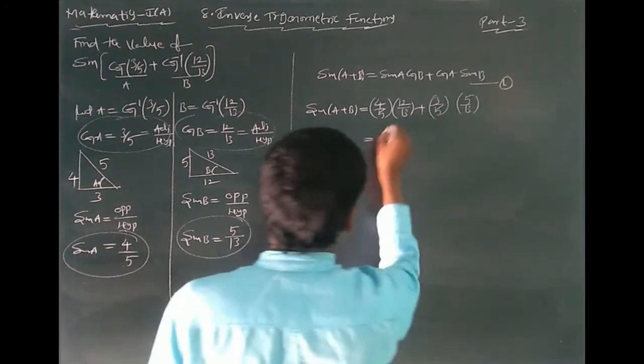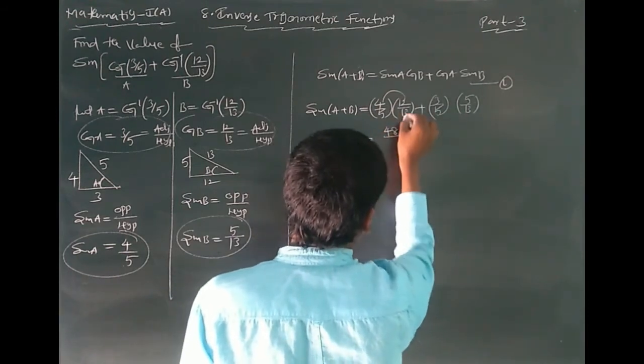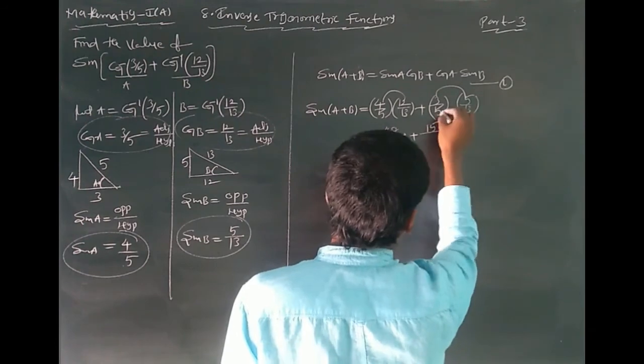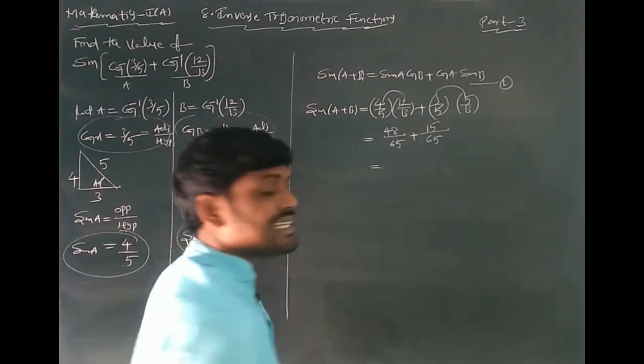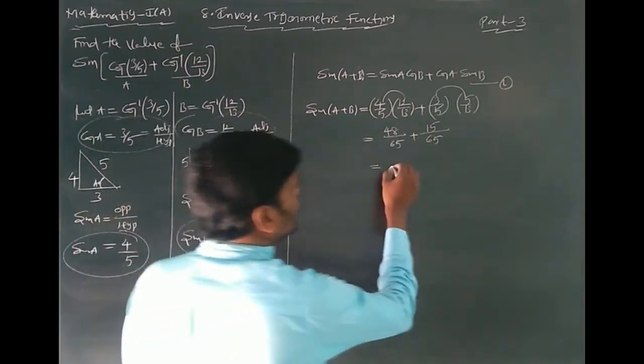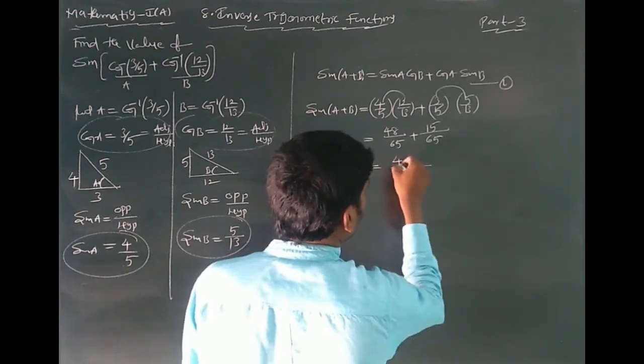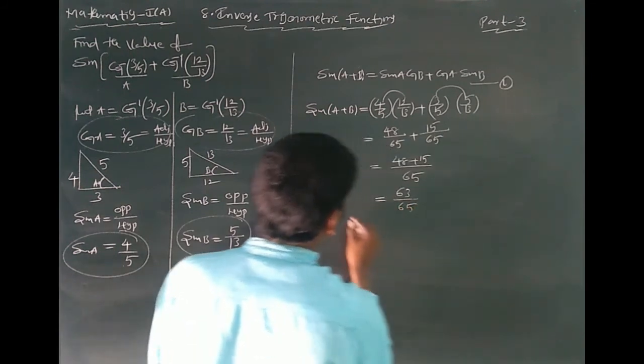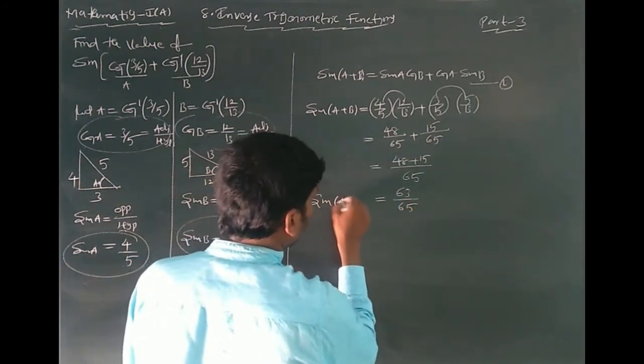You can simplify this one. 12 4s are 48 by 13 by 65. 3 5s are 15 by 13 by 65. 48 plus 15, how much? Here you can take 65 as LCM. 48 plus 15 is nothing but 63 by 65. This is the value of sin of A plus B.